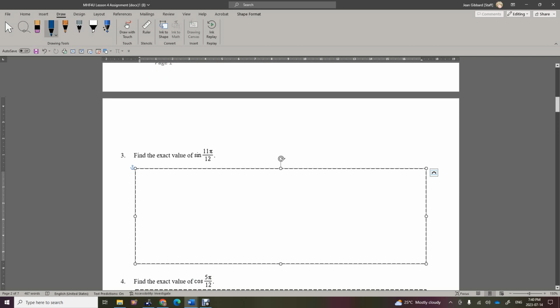Okay, so the first thing we have to do is, because we're doing exact, we have to break down 11 pi over 12 into two numbers that have their denominator as one of the special numbers. Remember, the special numbers are 30, 60, 90, and 45.